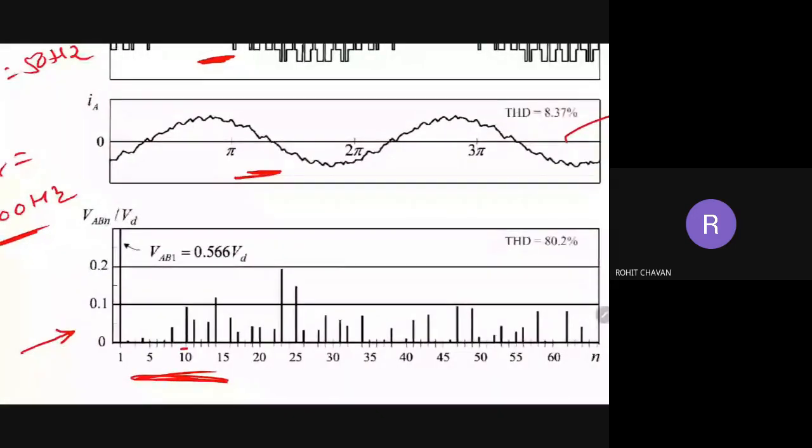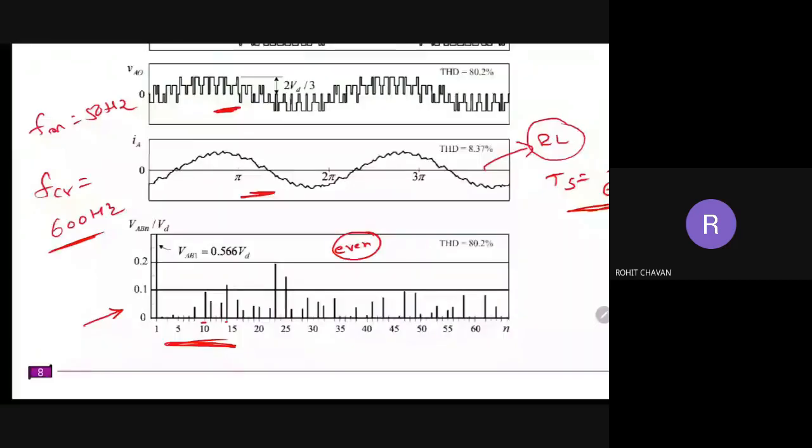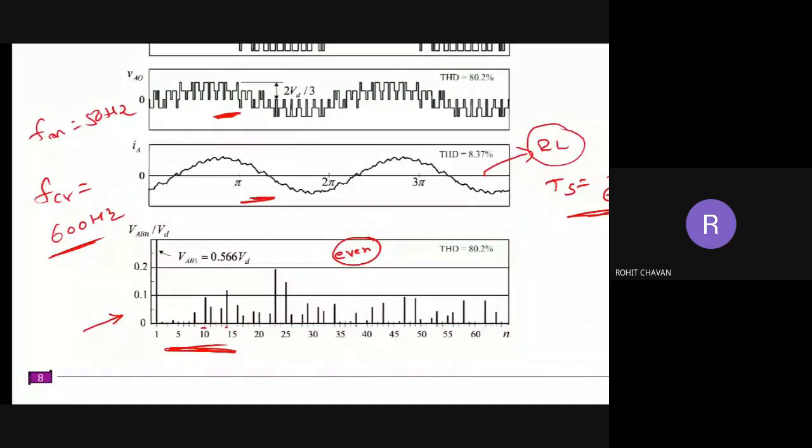This is corresponding to 10, and this to some 15. So with this 7 segment switching sequence we discussed, there is the advantage of reducing the switching losses, but the disadvantage is that you will get even order harmonics.